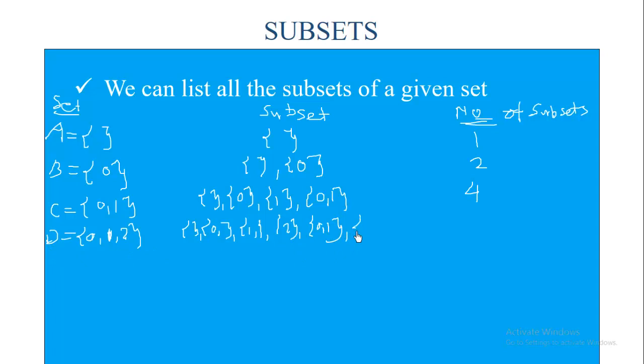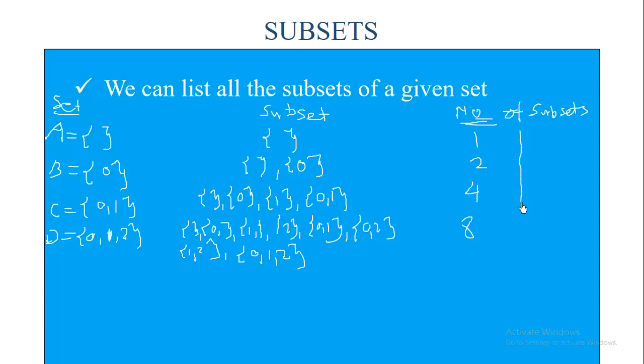Then we have the set with 0, 2 as elements, then the set with 1 and 2 as elements, then the set with all these as elements, now the set itself, 0, 1, then 2. So we have 1, 2, 3, 4, 5, 6, 7, 8. So we have 8 subsets.